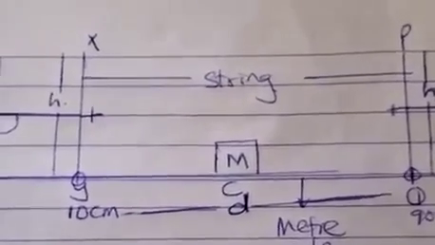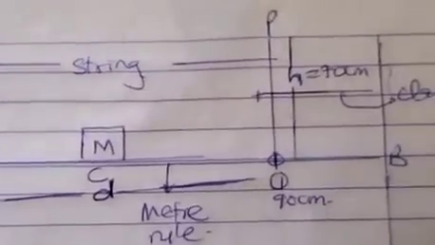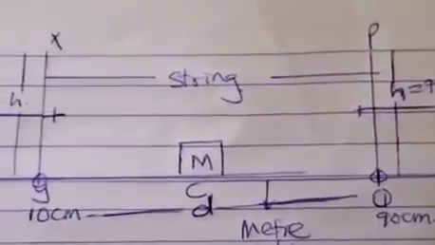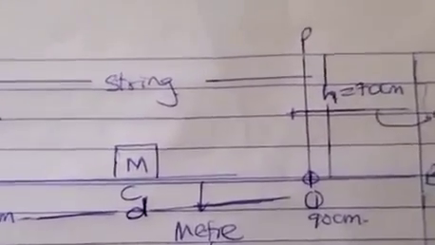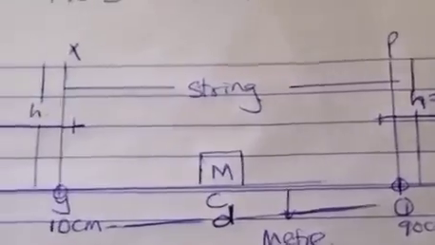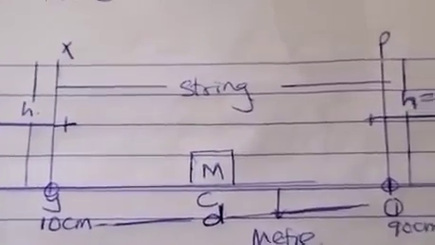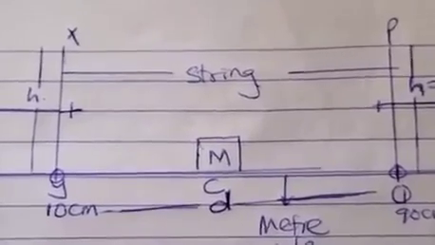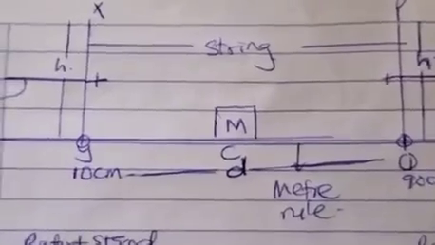But in this experiment, the length of the string holding the meter rule AB will be held constant all through the experiment, 70 cm, and the distance between the two strings, D, will be held constant also.